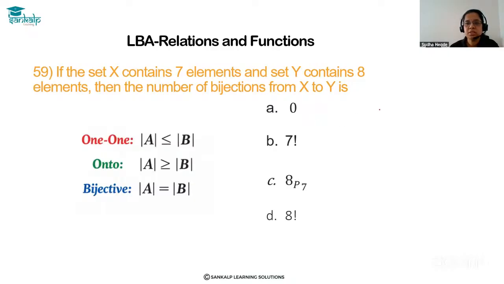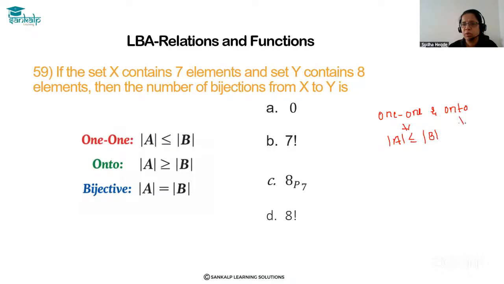Bijection means it must be one-one and onto. For one-one, the number of elements in domain must be less than or equal to the number of elements in codomain.